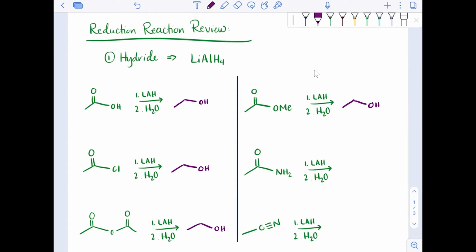Now, once we get to the amide and the nitrile, we see that nitrogen is incorporated, not oxygen. Nitrogen is a worse leaving group. Oxygen is a better leaving group. And so when we see an amide react with lithium aluminum hydride, we end up with a primary amine. Same thing with the nitrile.